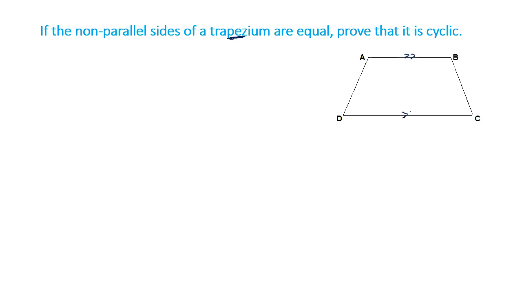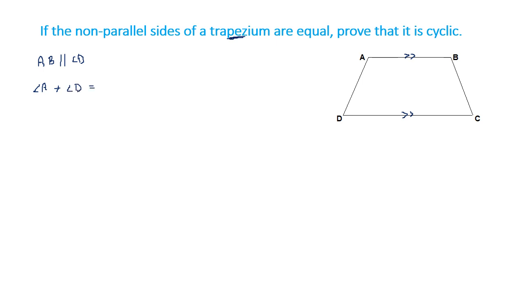So here I have drawn AB is parallel to CD. It's a trapezium. You can see that it's a trapezium. Now when AB is parallel to CD, angle A plus angle D should be how much?